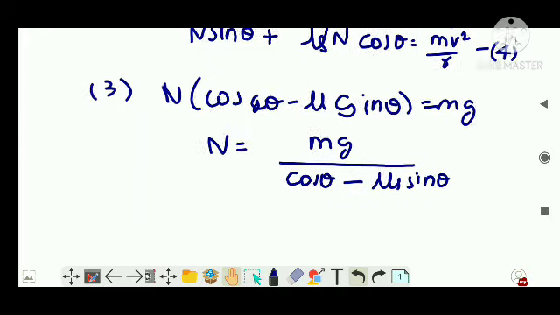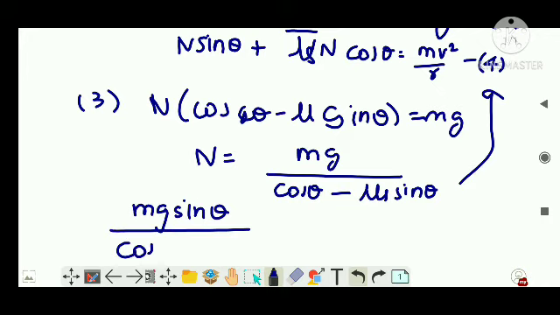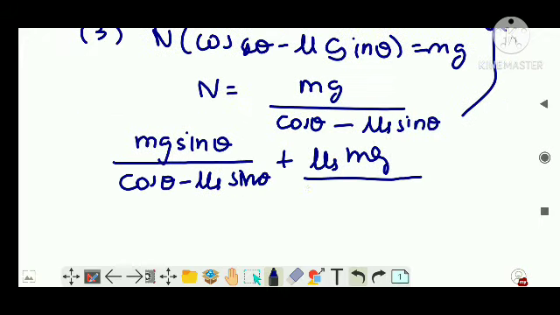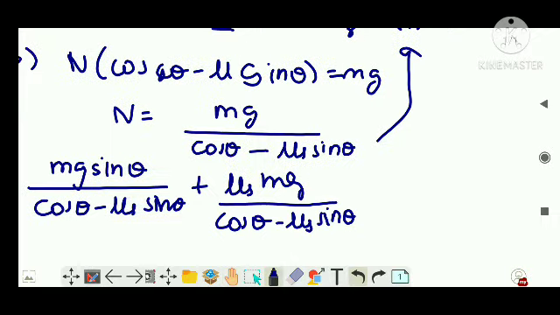That is perfect. Now I'm going to substitute this n value in the fourth equation. So n sin theta can be written as mg sin theta divided by cos theta minus mu s sin theta, plus mu s into n, that is mg divided by cos theta minus mu s sin theta, times cos theta, is equal to mv squared by r.